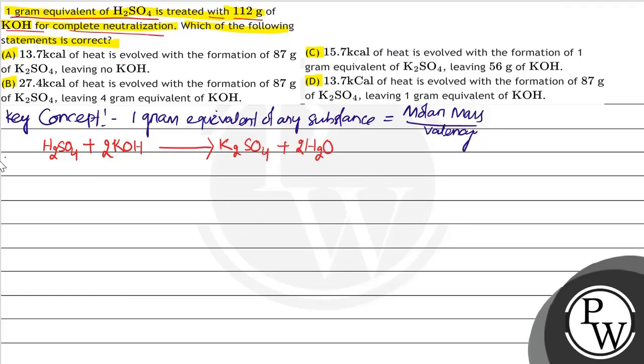So we can say, in terms of number of moles, 1 mole of H2SO4 reacts with 2 moles of KOH to give 1 mole of K2SO4 and 2 moles of H2O.